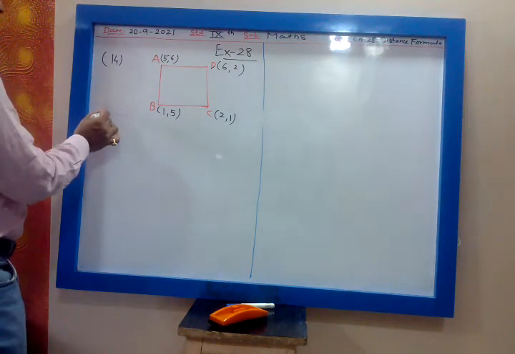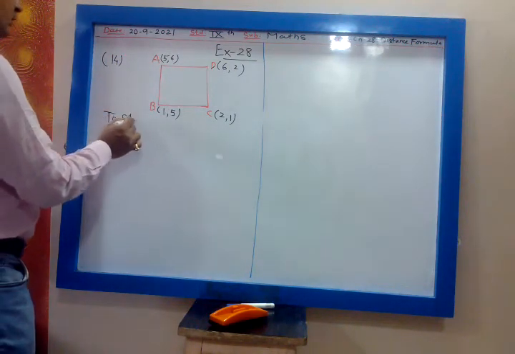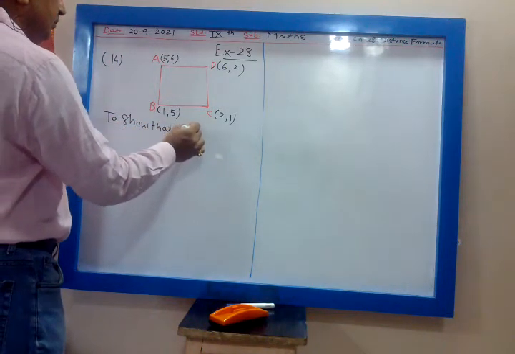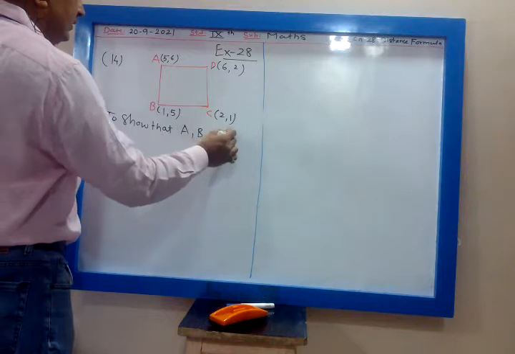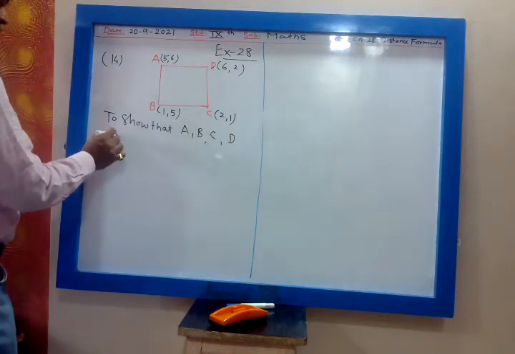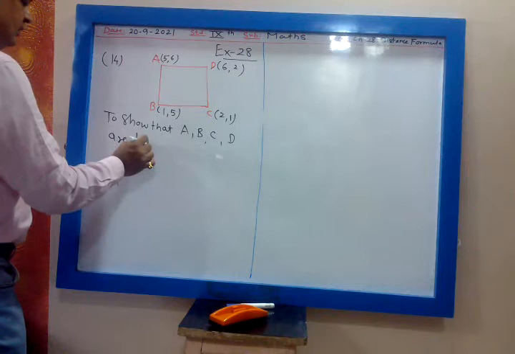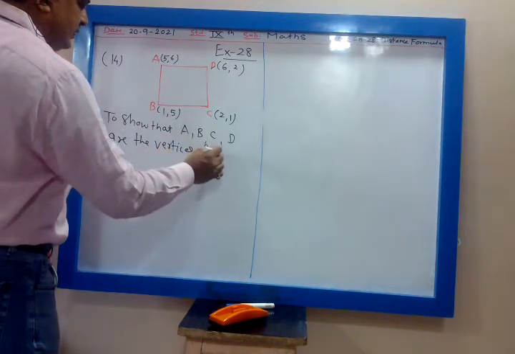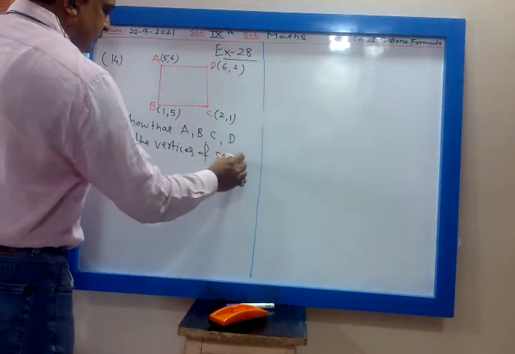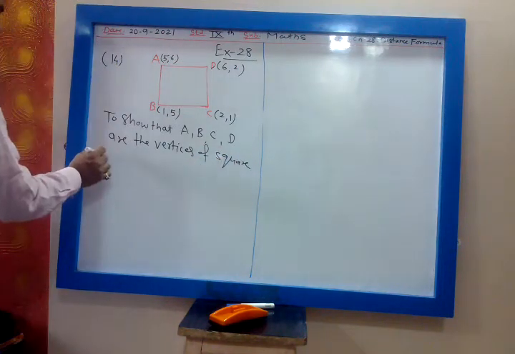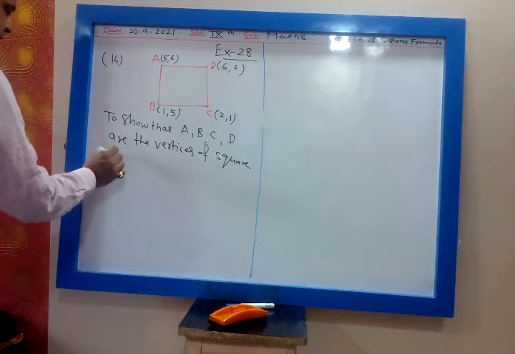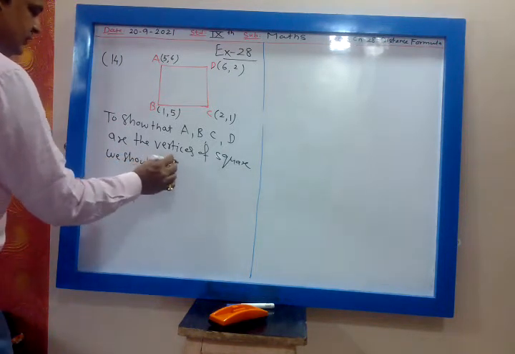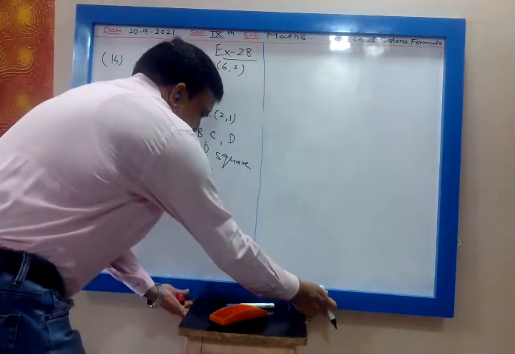Okay, so show that ABCD are the vertices of a square.